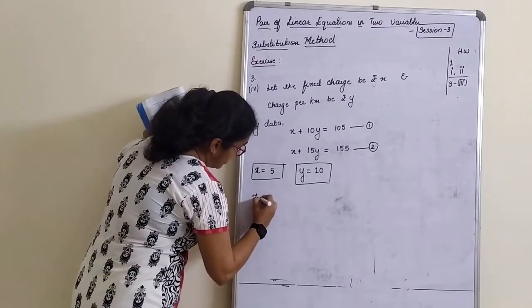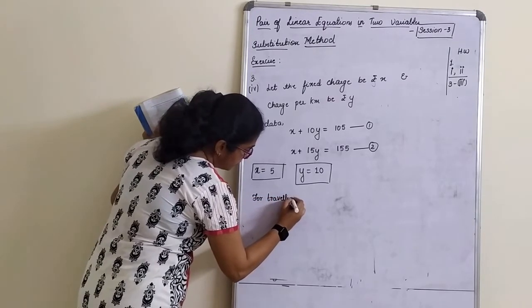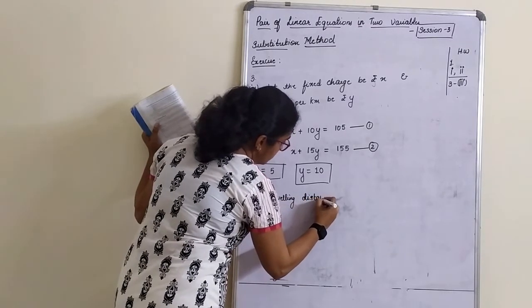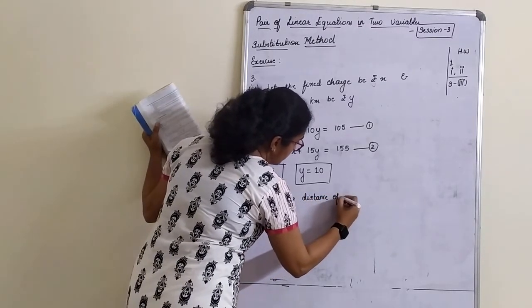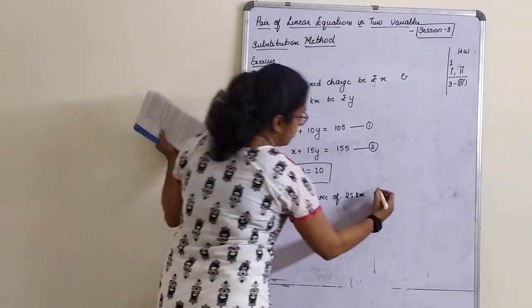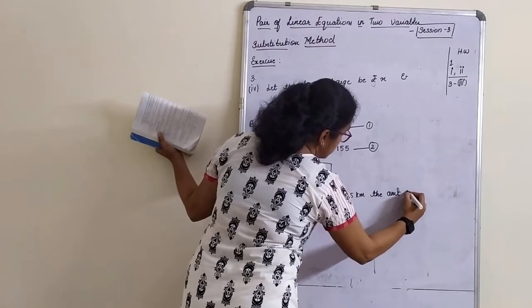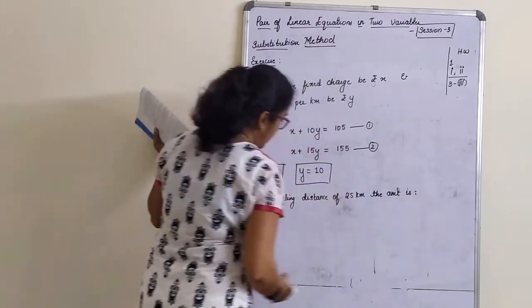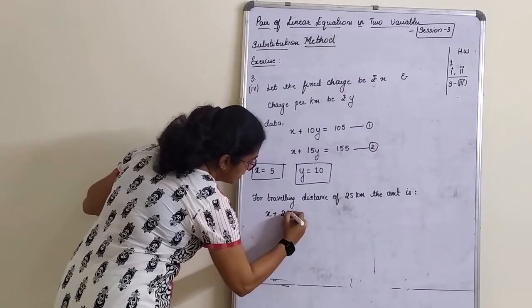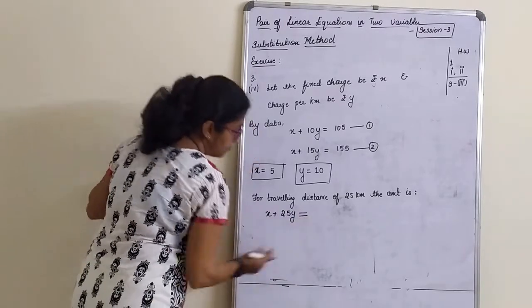For traveling a distance of 25 kilometers, the amount is, as per the same thing, fixed charge plus 25y is equal to how much?